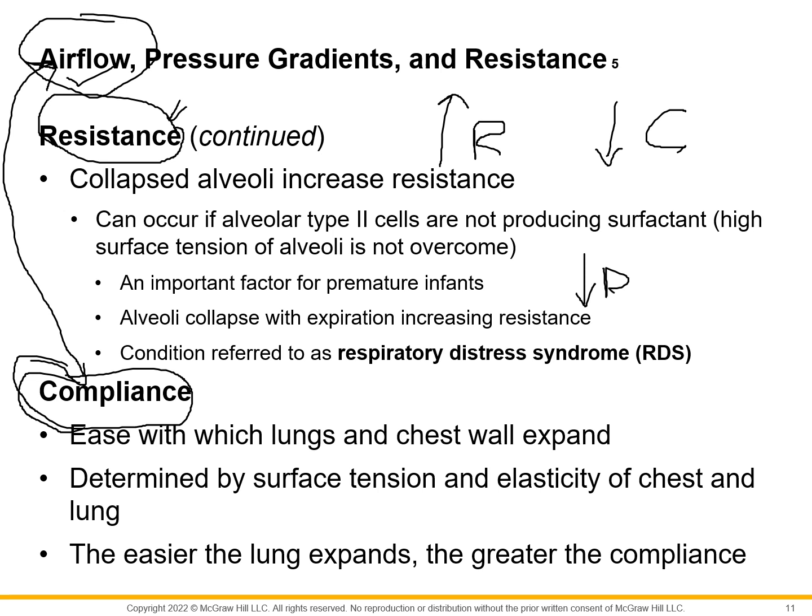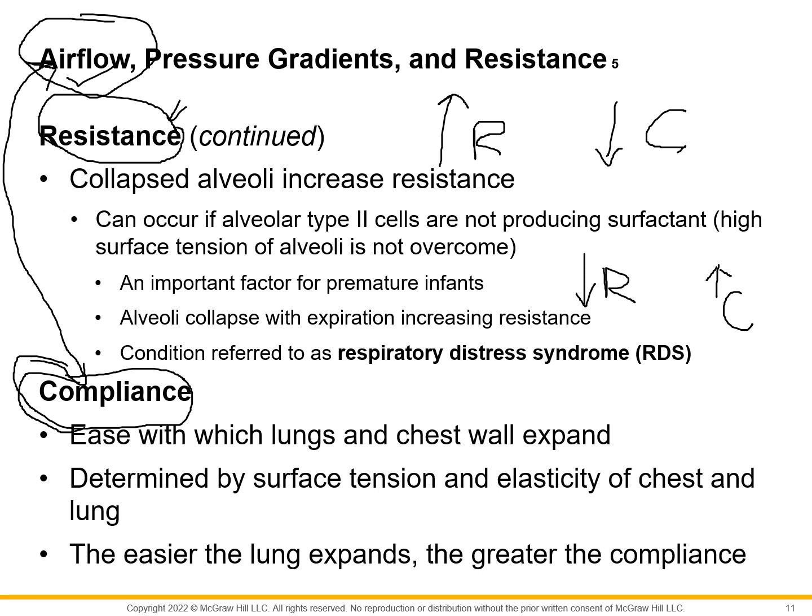Decreased resistance equals increased compliance. So we've gone over one of the three gas laws, which is Boyle's Law, and we've talked about the concept of airflow, pressure gradient, resistance, and compliance.